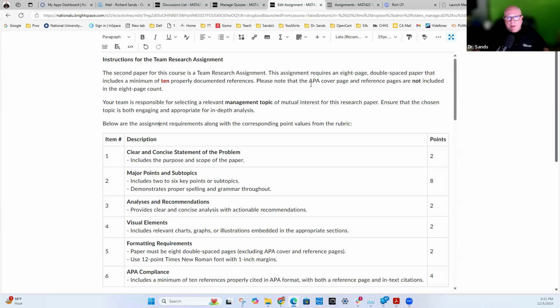Please note that the APA cover page and reference pages are not included in the 8-page count. Easy for me to say. So that's what that looks like. Your team is responsible for selecting a relevant management topic of mutual interest for this research assignment.